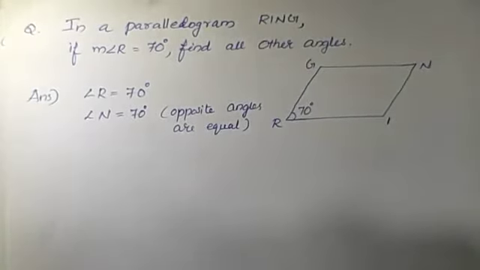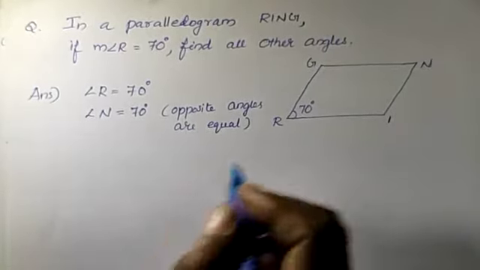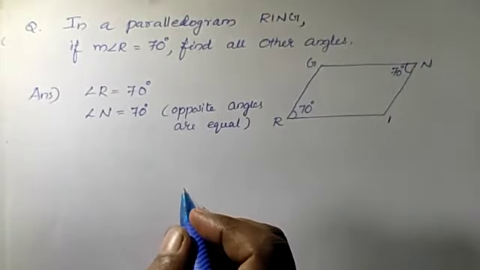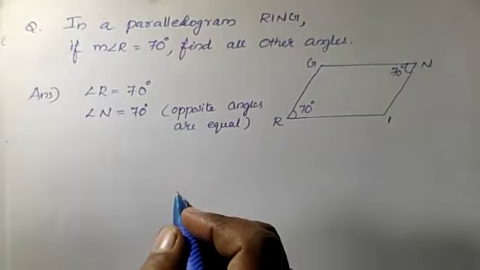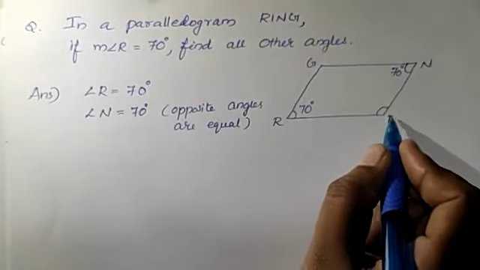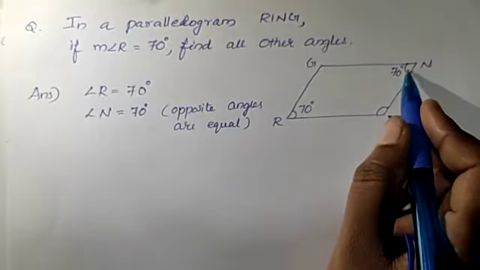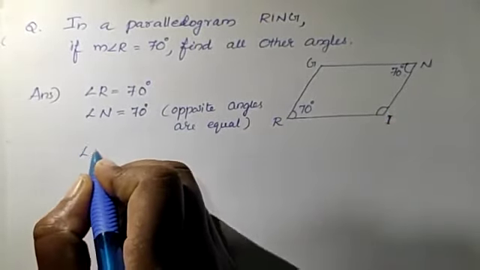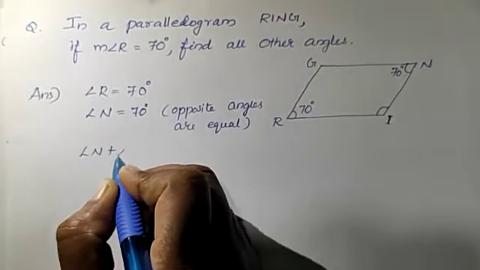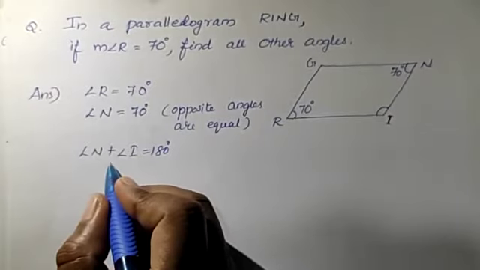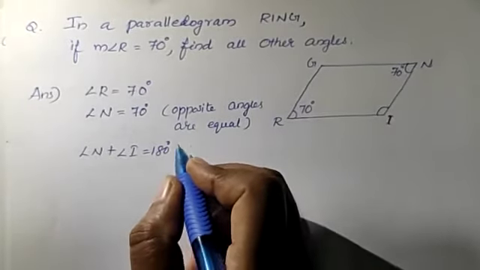Now here it is 70 degrees. Now we know the adjacent angles are supplementary. From this we can find the angle I. From these two angles, angle N plus angle I is equal to 180 degrees. That means these are two adjacent angles.